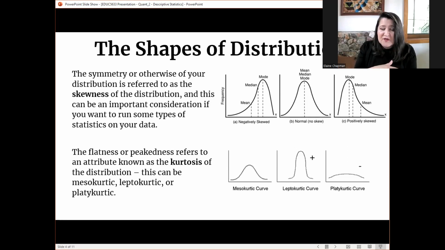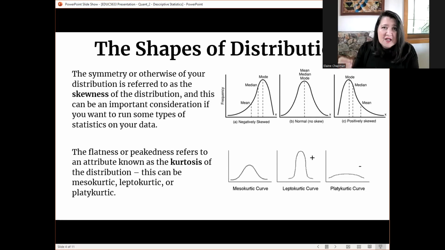Those extreme low scorers are going to drag the mean down with them, and as a result, the mean is going to be lower than the median or the mode, which don't take score values into account. Alternatively, if you've got a positively skewed distribution, your mean's going to get dragged up.